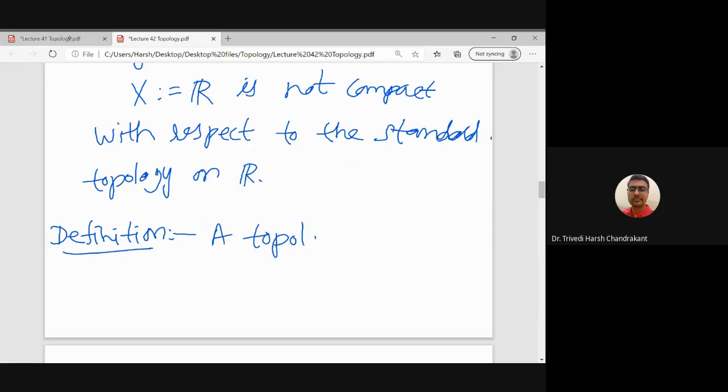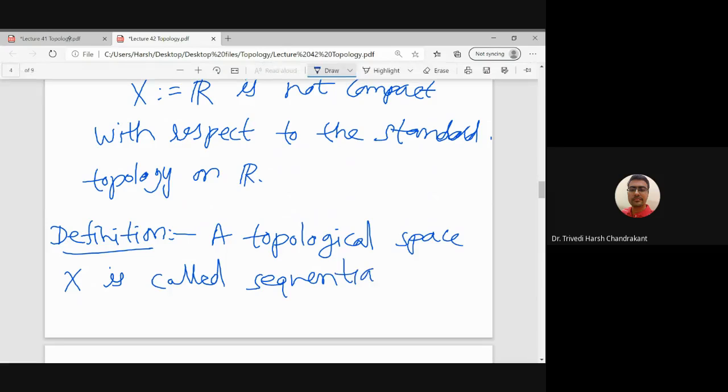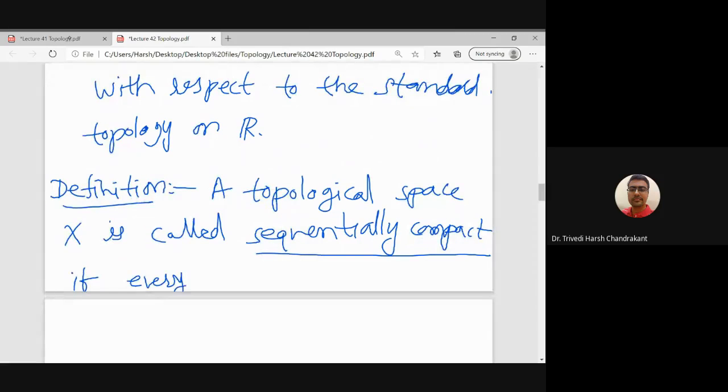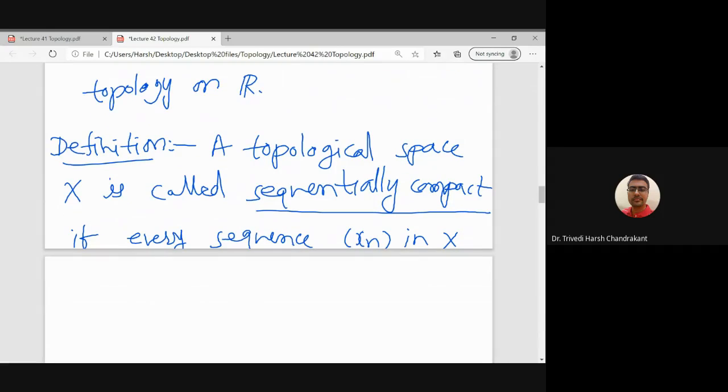A topological space X is called sequentially compact if every sequence, whatever sequence I take in this topological space X, has a convergent subsequence.